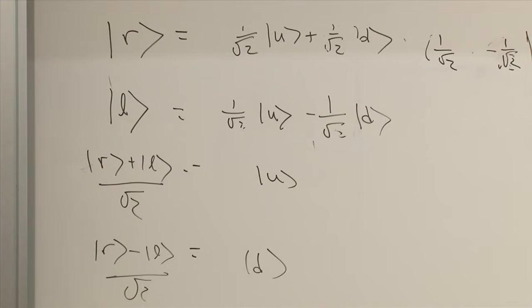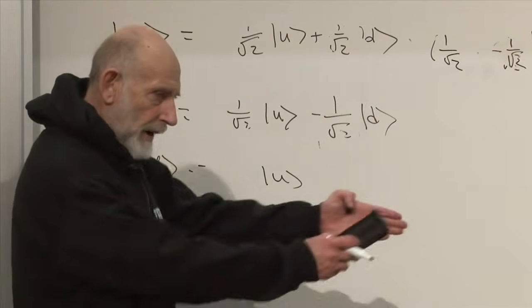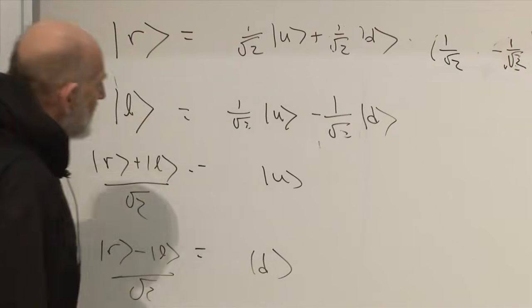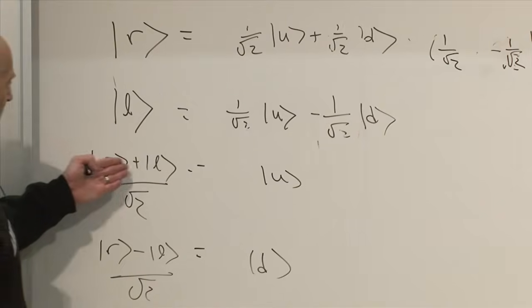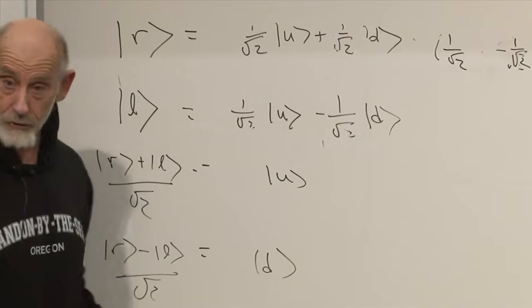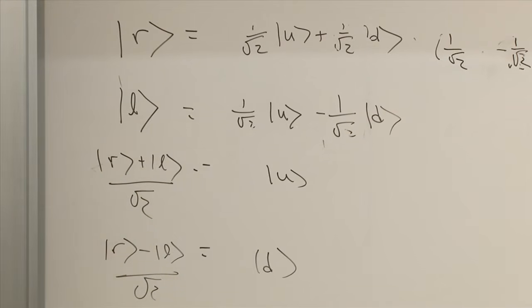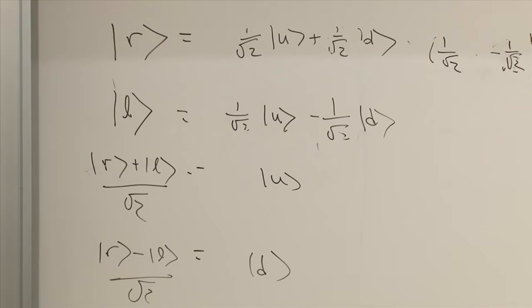If we began our experiments with our apparatus along the x direction, we might have started with left and right and come to the conclusion that up and down are combinations of left and right. Okay, that leaves in and out. What about in and out?